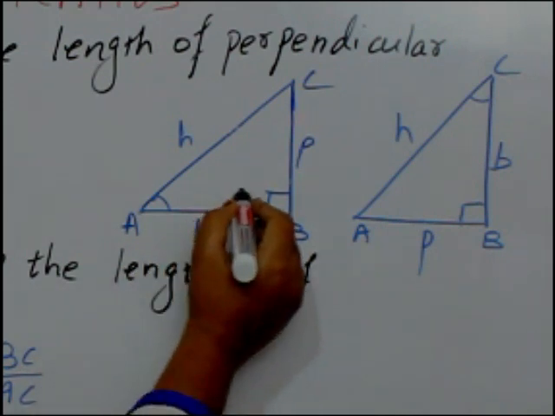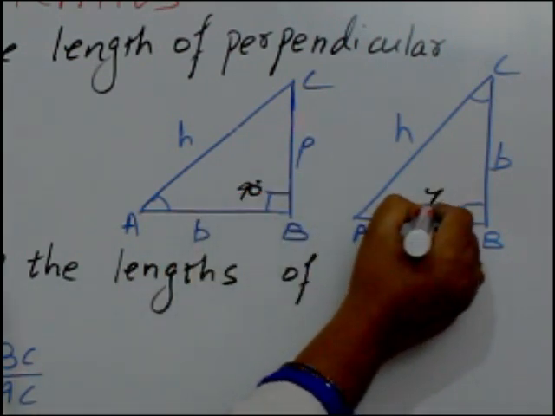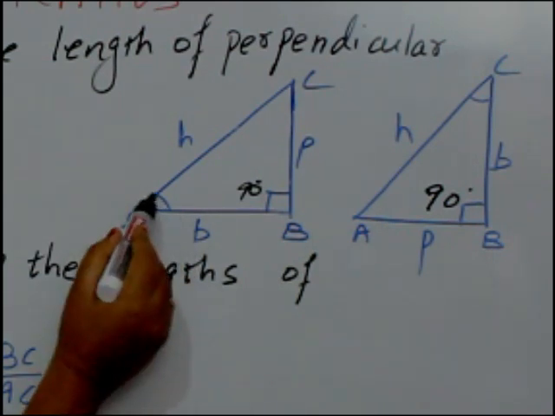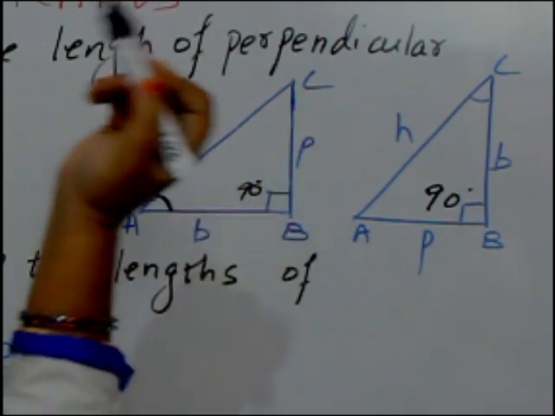One angle is 90 degree, and the other two angles are acute, less than 90 degree. What are those other two angles? One is angle A, another is angle C.